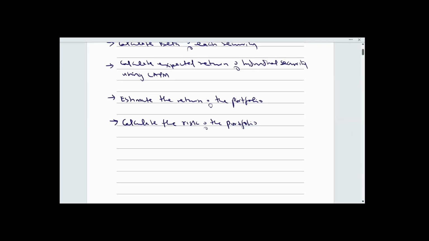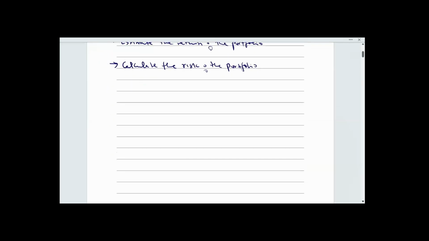Therefore, we want to calculate the beta value, because I'm going to need this beta value for calculating my CAPM. How am I going to calculate my beta?